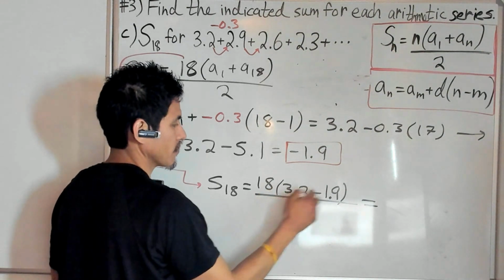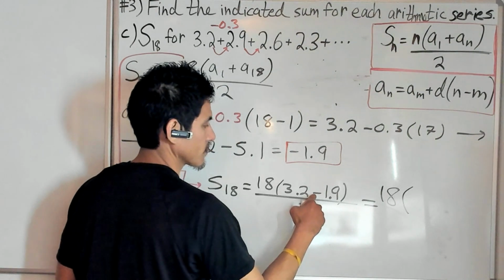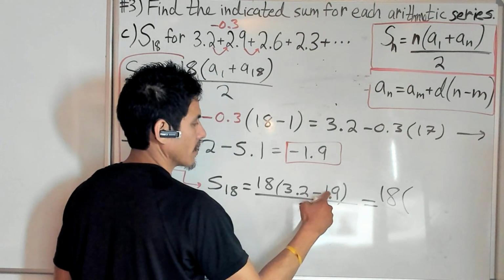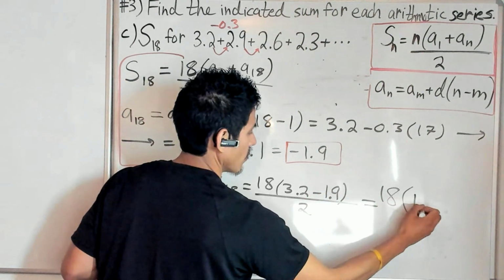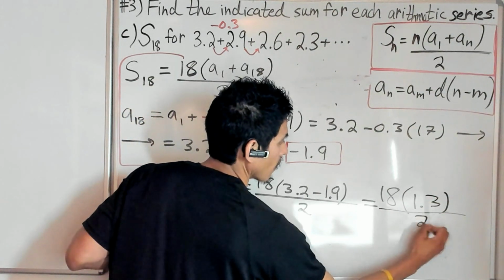So 18 times 3.2 minus 1.9, and that will give us 1.3 over 2.